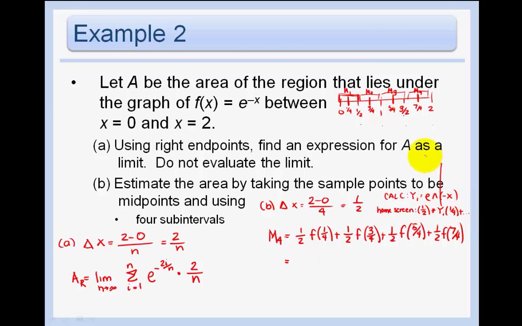Remember, by now, VARS, go over to Y-VARS on your calculator, choose one function. And so you should end up with 0.8557.